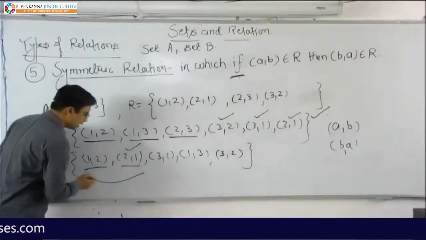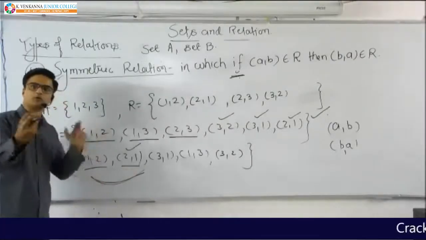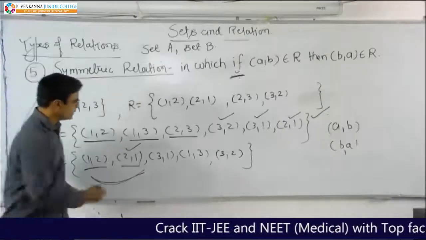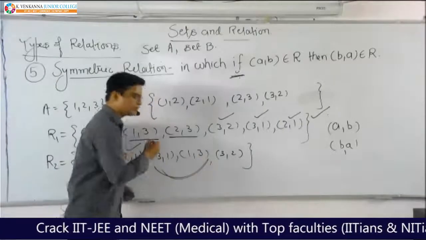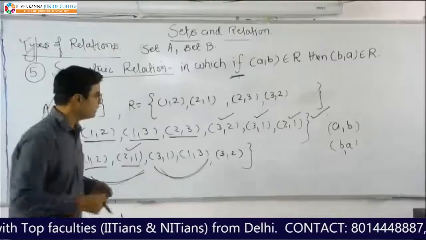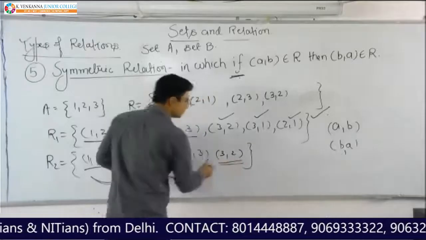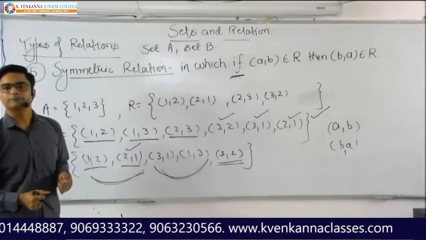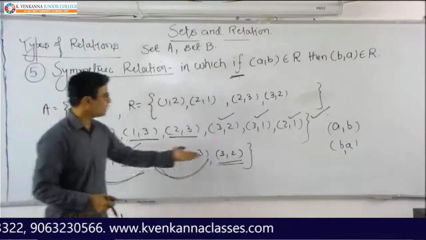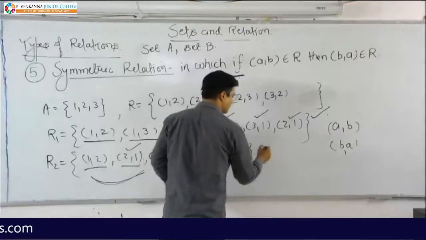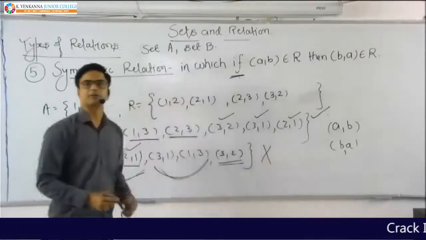These two elements are making a pair, 1 comma 2 and 2 comma 1, so they satisfy the property. 3 comma 1 and 1 comma 3 are again making a pair, so it is again satisfying the property. But this element 3 comma 2 is not satisfying the property, right? Because where is 2 comma 3? So it is not a symmetric relation.